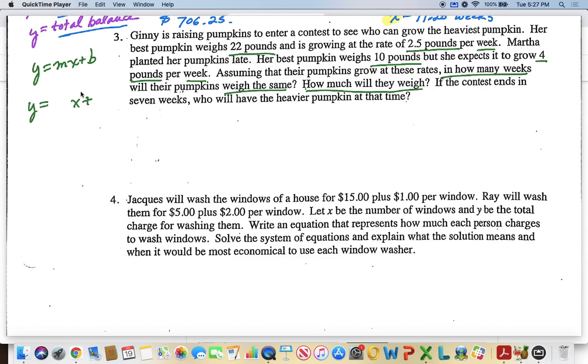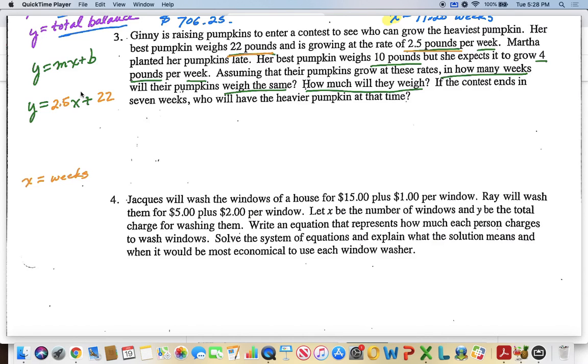Ginny starts out with a pumpkin weighing 22 pounds. So that's our starting value, our b. And she's growing at the rate of 2.5 pounds per week. So that would be 2.5, here's our growth, times x, and that means that x is going to be weeks.